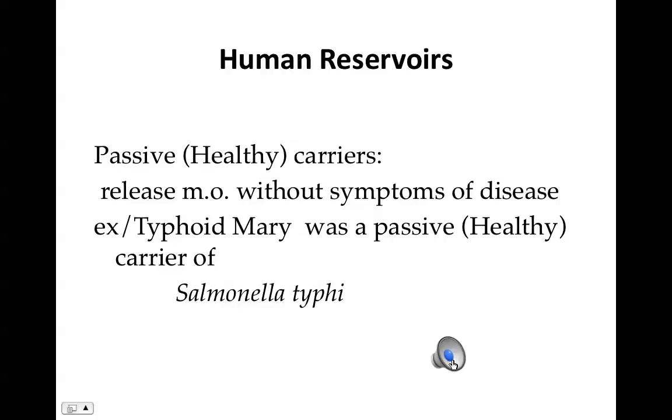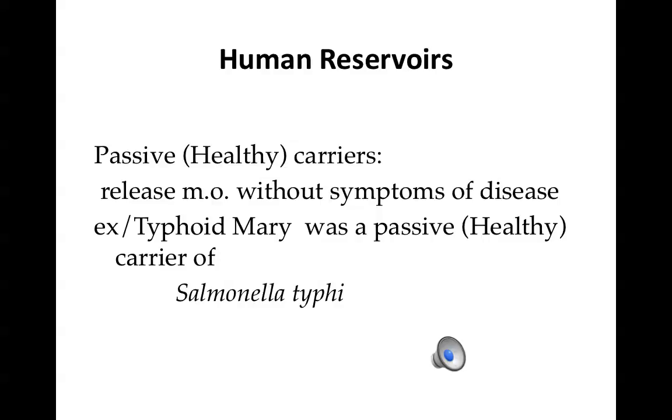Human reservoirs can fall into two categories. Passive carriers are releasing microorganisms without obvious symptoms, and are also called healthy carriers. Mary Mallon, also known as Typhoid Mary, was an example of a healthy passive carrier.